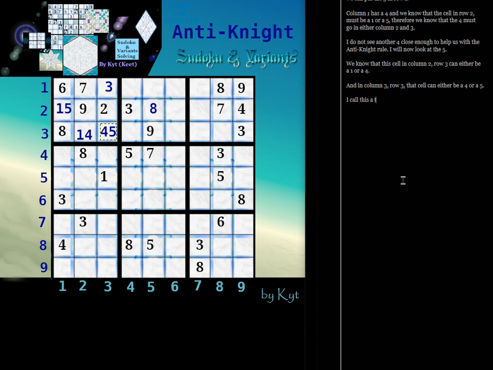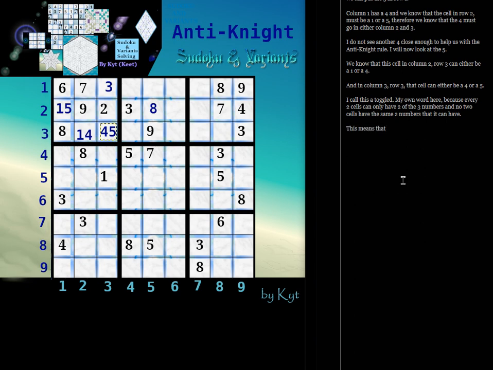I call this a toggle, my own word here, because every 2 cells can only have 2 of the three numbers, and no 2 cells have the same 2 numbers that they can have.